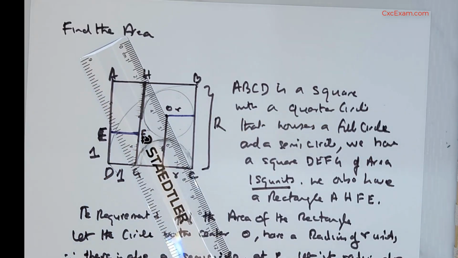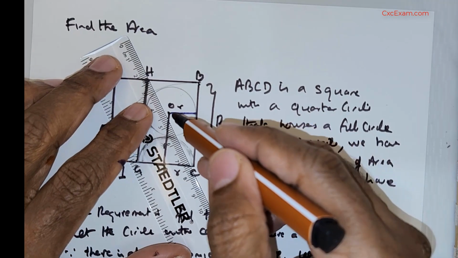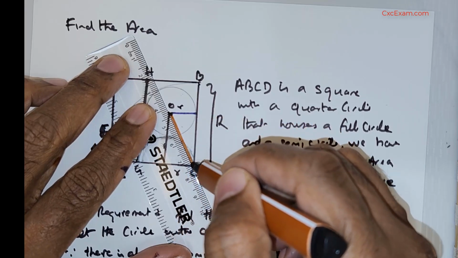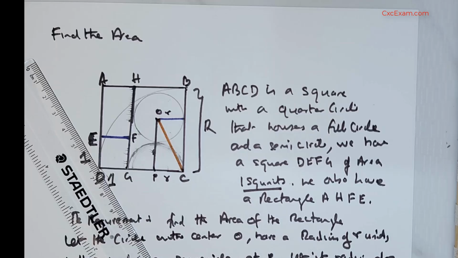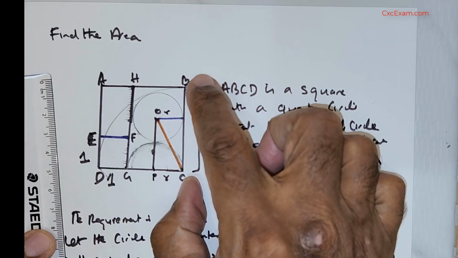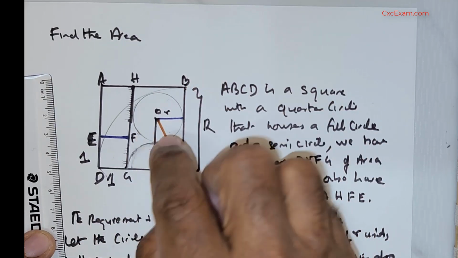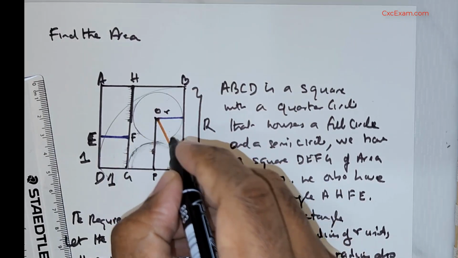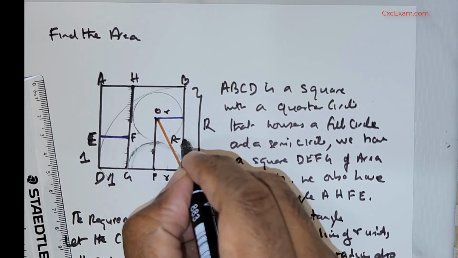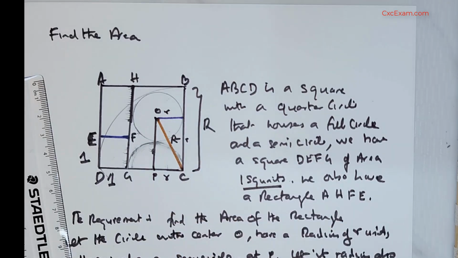If that entire length is capital R, then my question is, what is this length? Clearly that length is going to be, from R we take away small r, capital R minus r, that is the length.